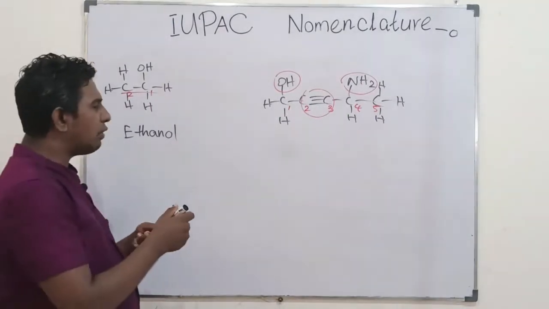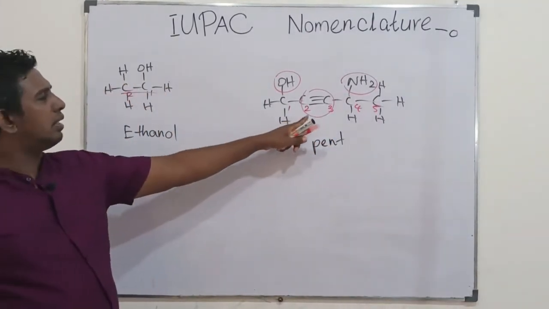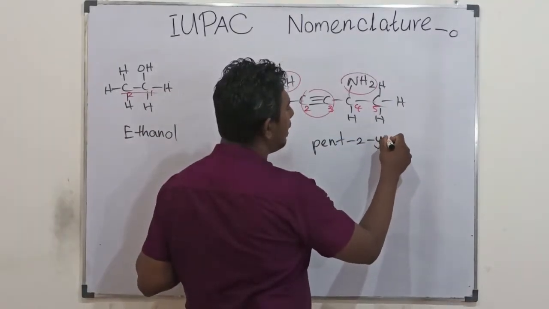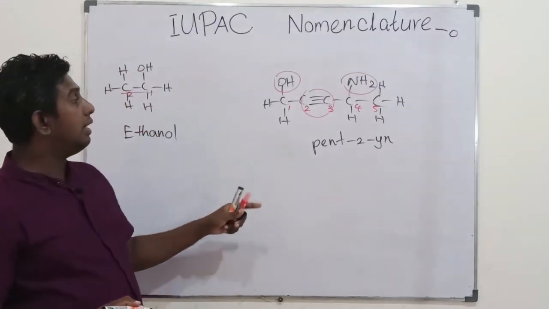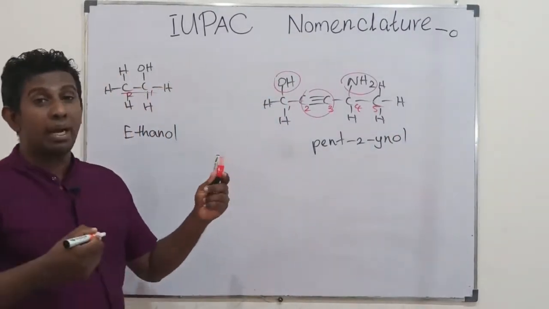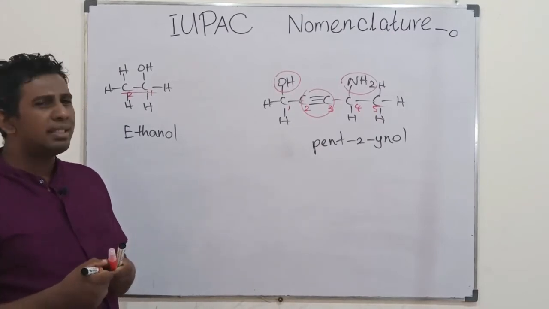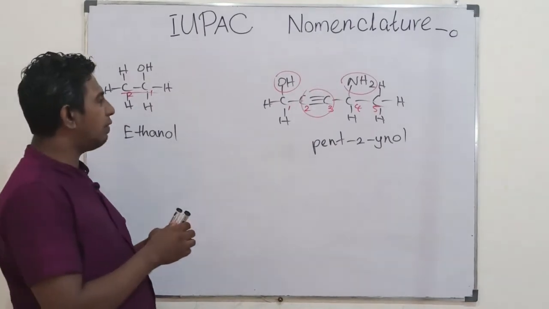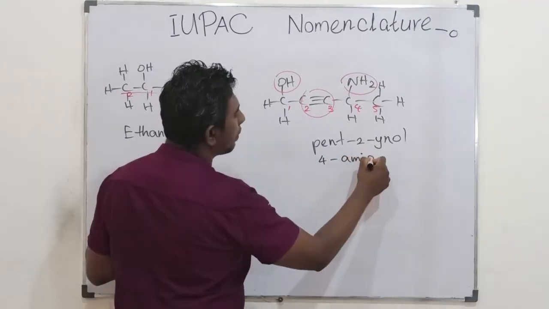So if you are having five carbons, therefore it's pent. Then students, it's an alkyne. So on second you have 2-yne. So we cut the vowel E there. Then we add the suffix ol. It is 1-ol. One is not mentioned when it is the main functional group. This is the name of the mother chain, the stem name. Then we have missed so far this amine at fourth, the amino.